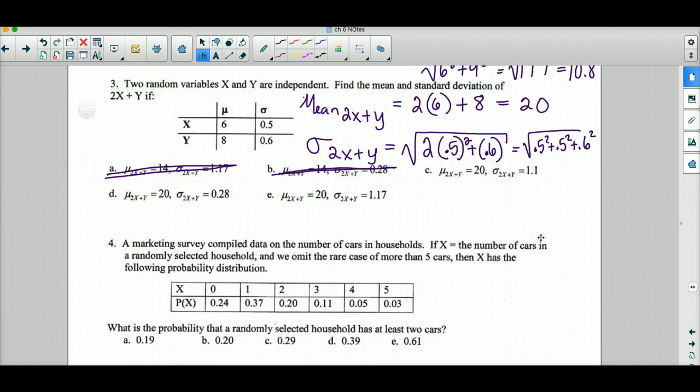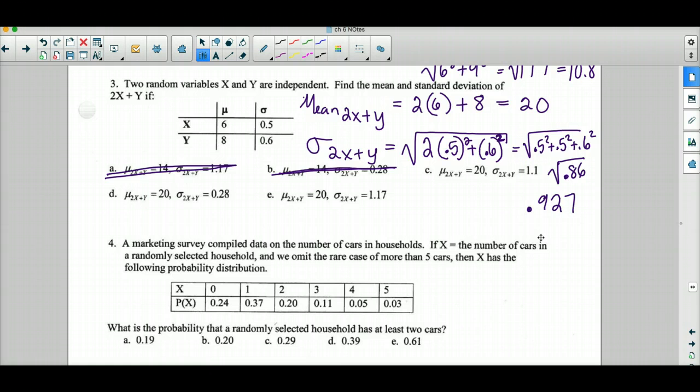Yes, ma'am. Oh, yes, ma'am. It is squared. Thank you. It is squared. So that's the square root of 0.86, which is 0.927.